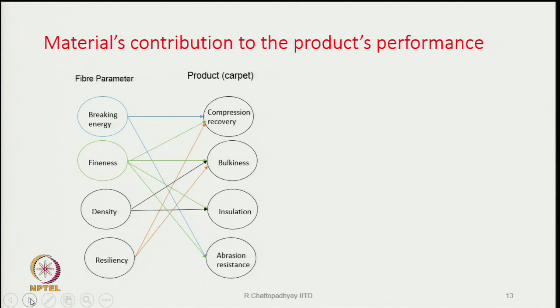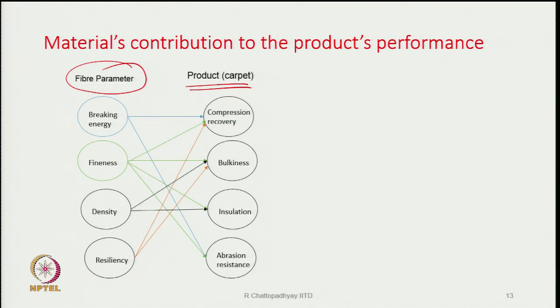As an example, on the right hand side fiber parameters are given, on the left hand side product parameters are given. The product is a carpet, and we must be able to associate first, that needs real domain knowledge.